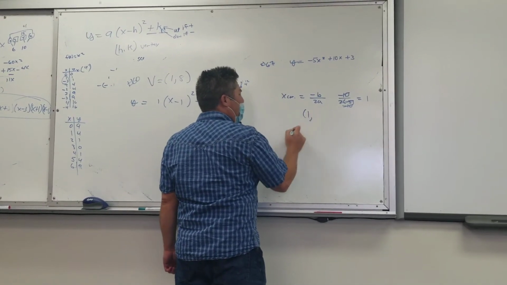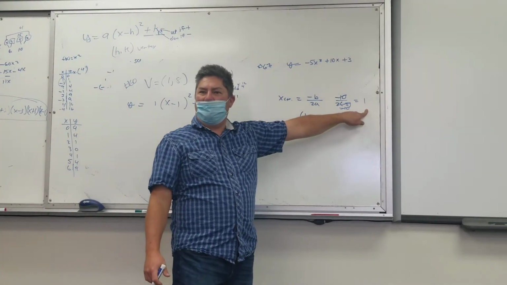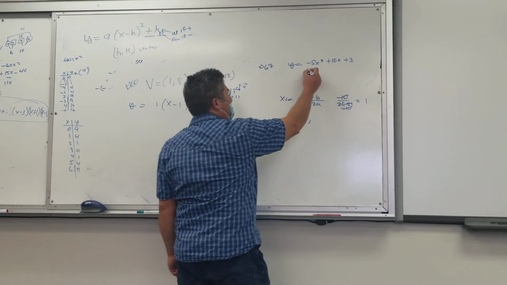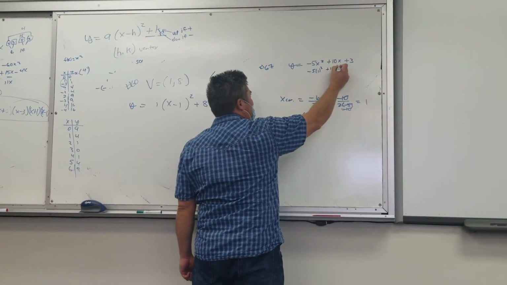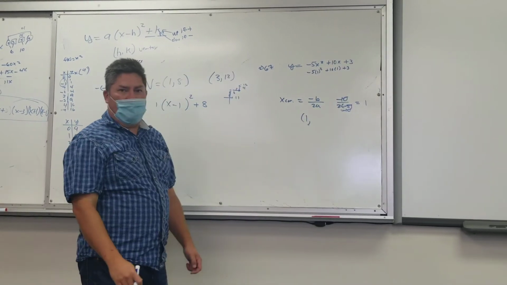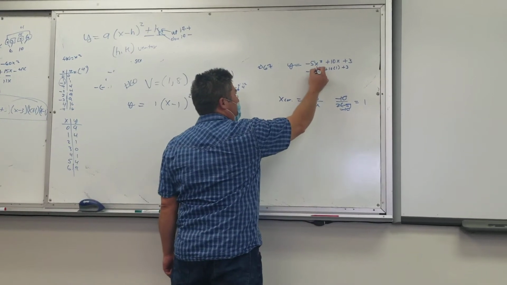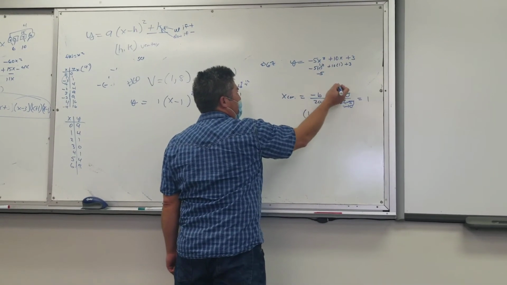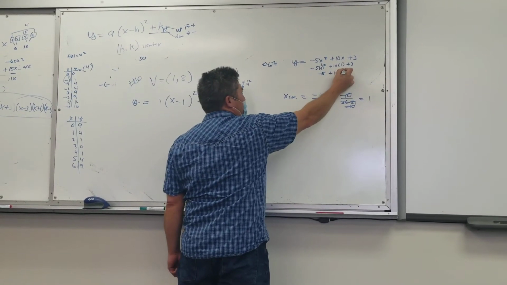How do I find the y-coordinate of the vertex? Just plug in 1. So I'm going to go negative 5, 1 squared, plus 10 times 1, plus 3. What's 1 squared? 1. 1 times negative 5? Negative 5. Just doing the order of operations. 10 times 1 is 10, plus 3.